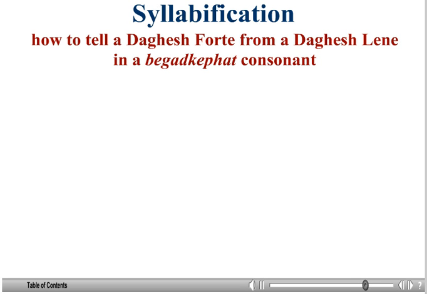Now you understand how to divide a Dagesh Forte. You still must learn how to tell the difference between a Dagesh Forte or a Dagesh Lene in a Begad Kafat consonant. Obviously, they are both just dots, and so will look identical. But for purposes of syllabification, you must know whether the dot is a Dagesh Forte or a Dagesh Lene. Turn to handout 3D, section 3.5 in the grammar, and listen carefully.